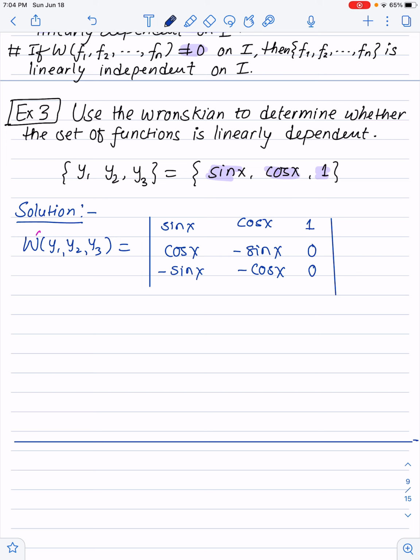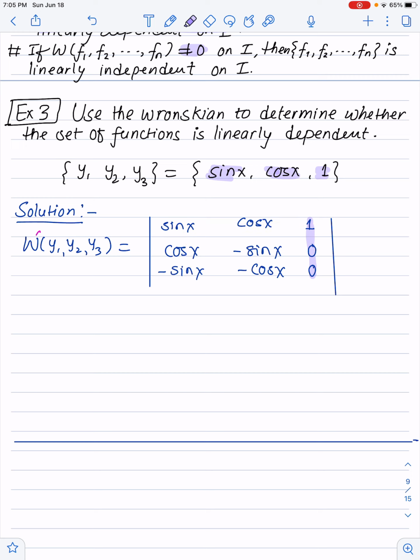Now the determinant. To take the determinant, you can review the method. I'm taking this column because it has 0 and 0 here, so it will be easy to determine. But you can take any rows or any columns.